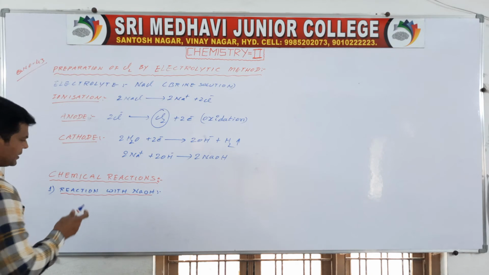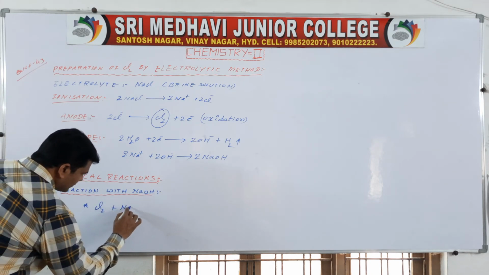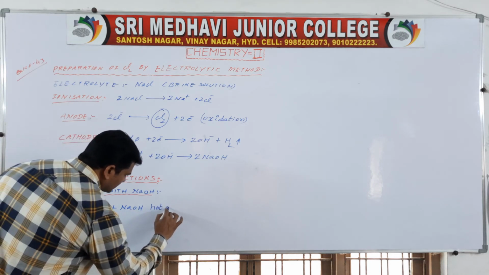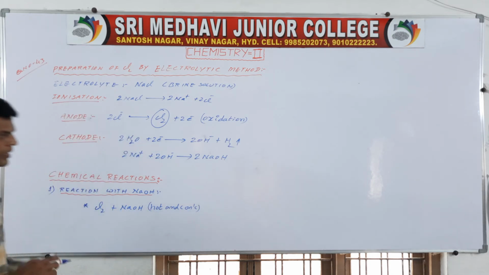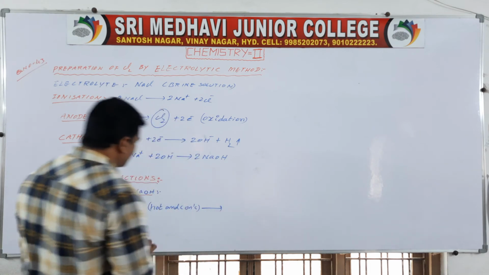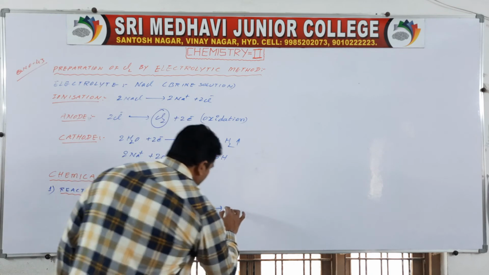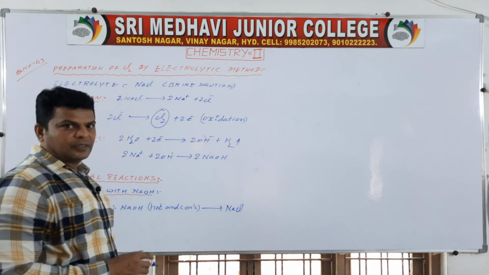Okay. See here, chlorine reacts with sodium hydroxide, hot and concentrated. Then NaCl is formed first. This reaction was already discussed in a previous question.